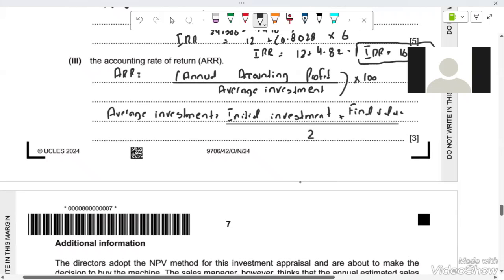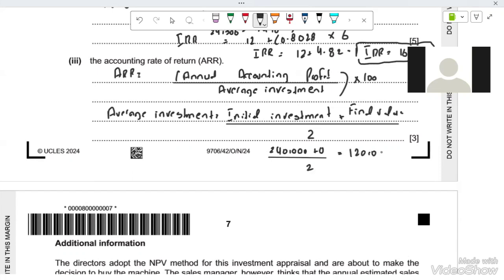So the initial investment was $240,000 plus 0 because there is no final value, divided by 2. This is equal to 120,000. This is my average investment.